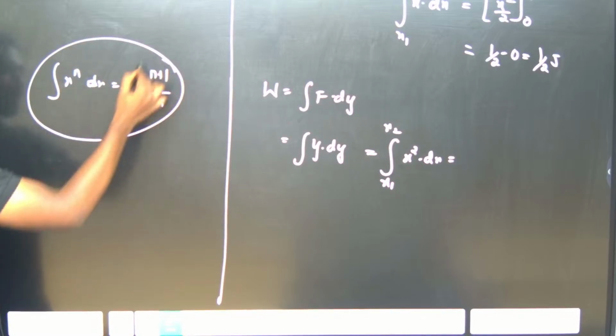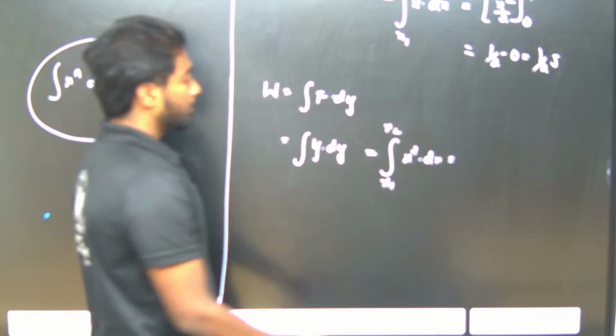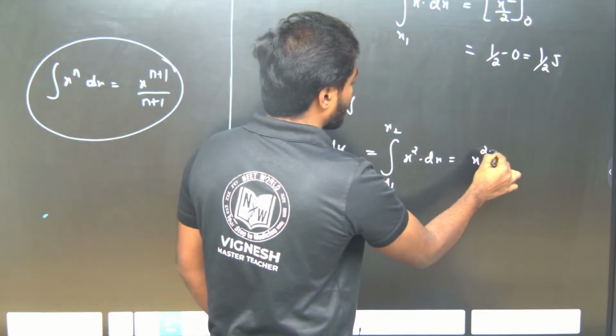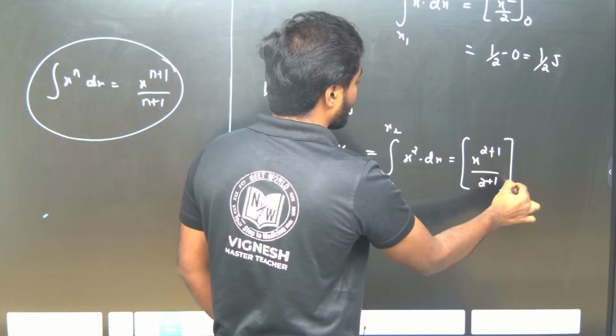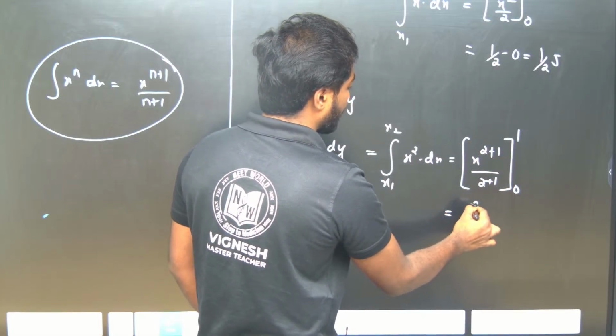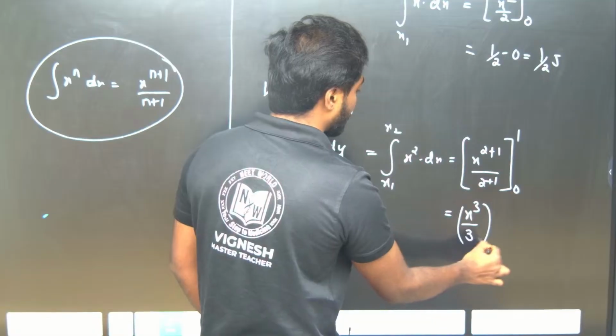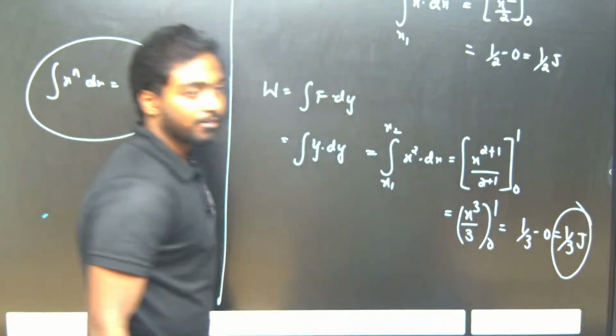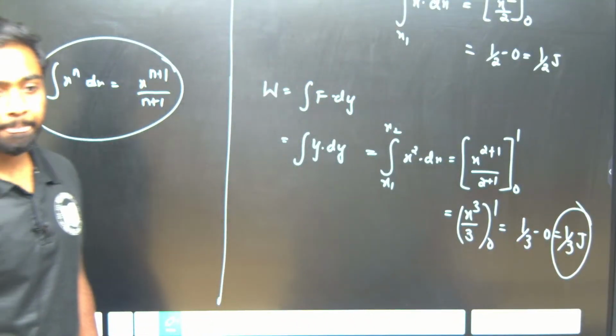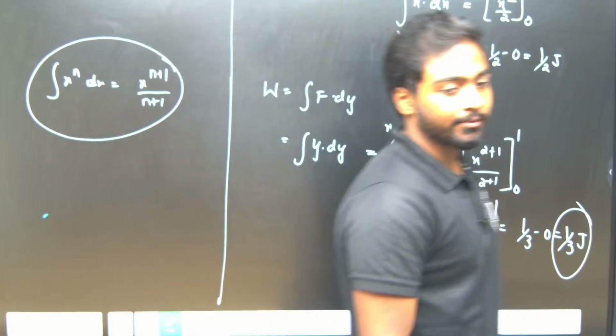So this is the formula. So it is x power 2 plus 1 by 2 plus 1 from limit 0 to 1. So it is x cube by 3 from 0 to 1. So 1 by 3 minus 0, which is nothing but 1 by 3 joules. So this is my answer for the second question.